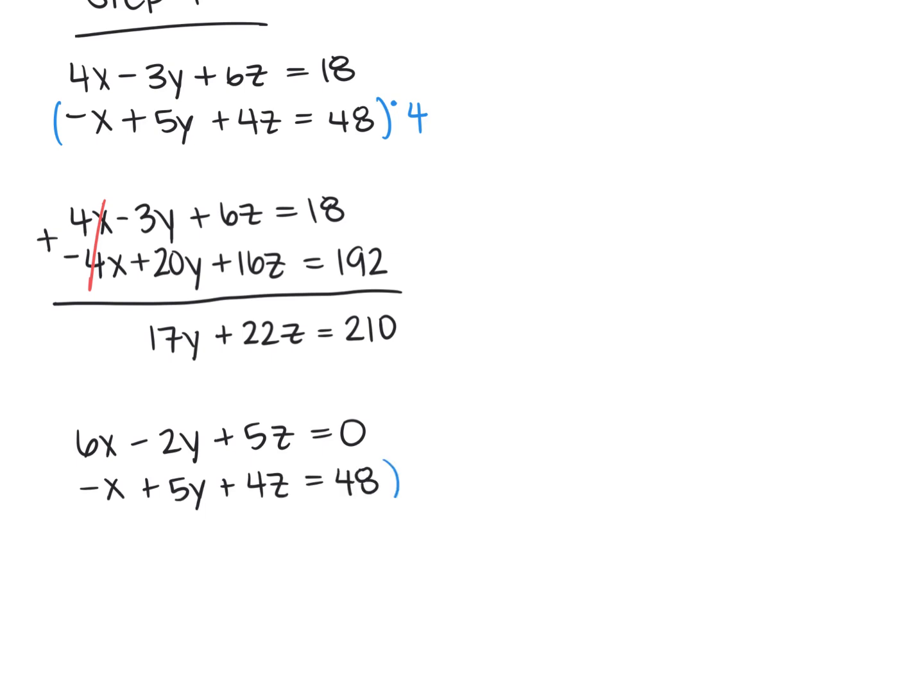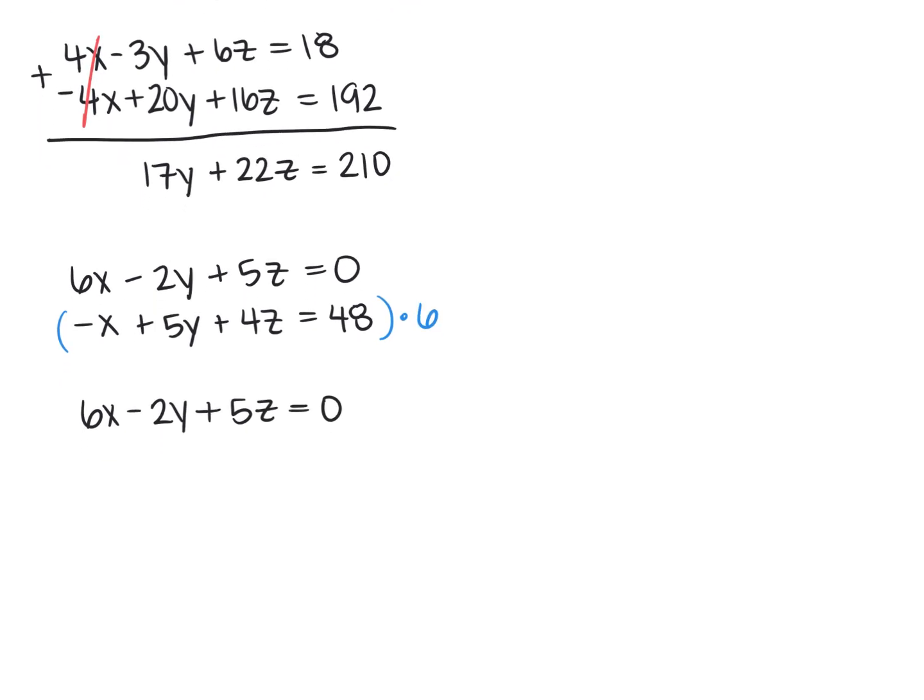This time we're going to be multiplying the equation by 6. So again, our first equation doesn't change. And then for our second equation, we get negative 6x plus 30y plus 24z equals 288.